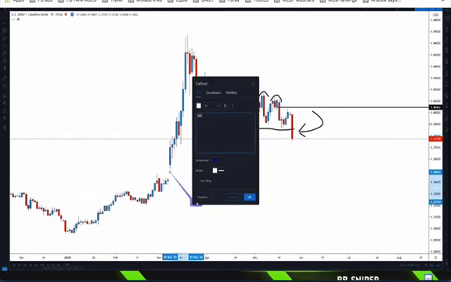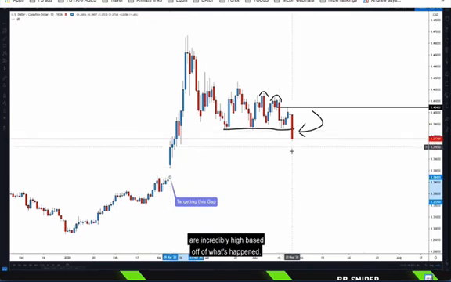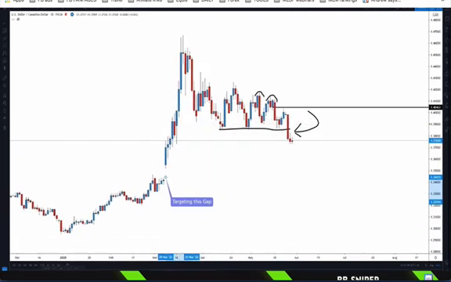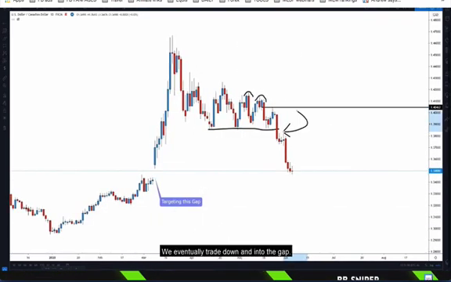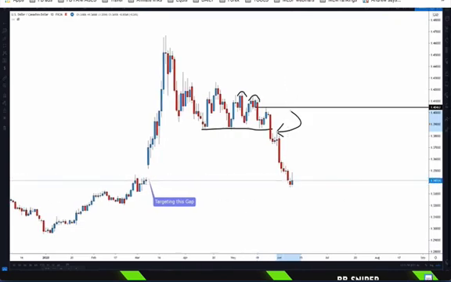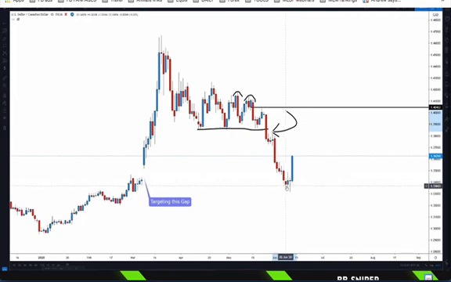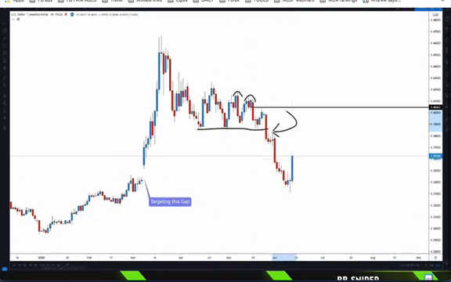And now the probabilities of targeting this gap are incredibly high based off of what's happened. And so some more time passes. We eventually trade down and into the gap. We eventually fill it completely. And then we even trade through it a little bit more before eventually seeing some buying activity.